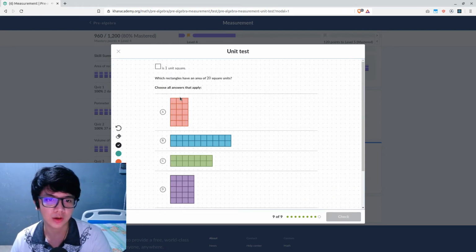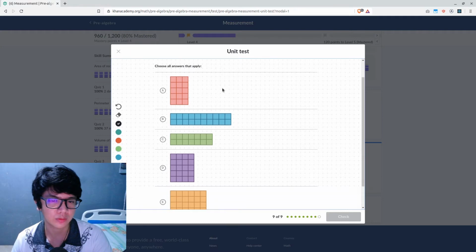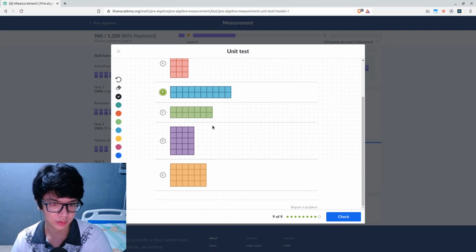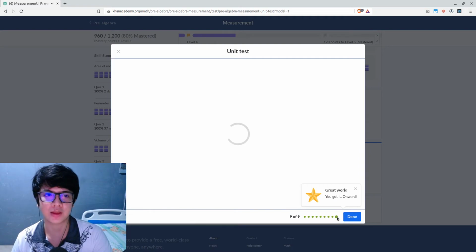Which rectangles have an area of 20 square units? Can we do 1, 2, 3, 4, 5, 6, 7, 8, 9, 10. Oh yeah, mastered.